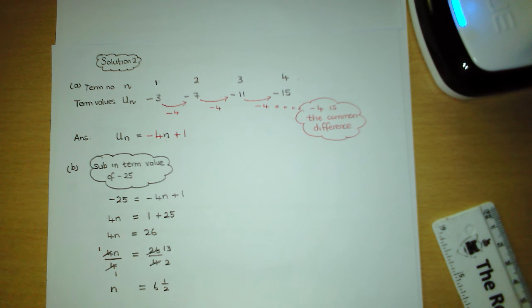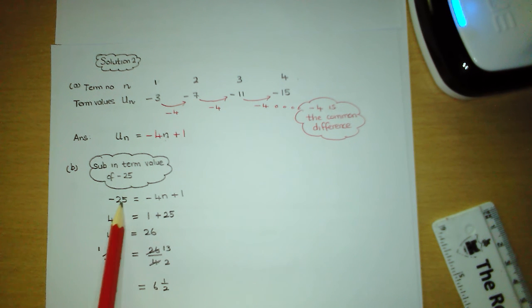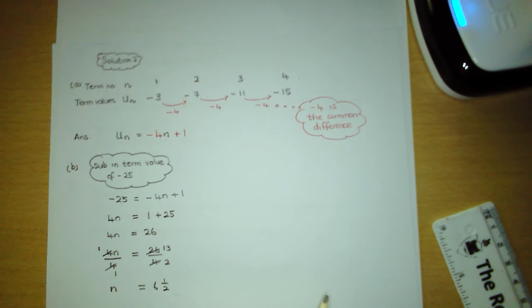Now, that's what we said. The reason minus 25 isn't a term value is because when you work out its term number, it's not a whole number. So that's why you know it doesn't lie in the sequence.